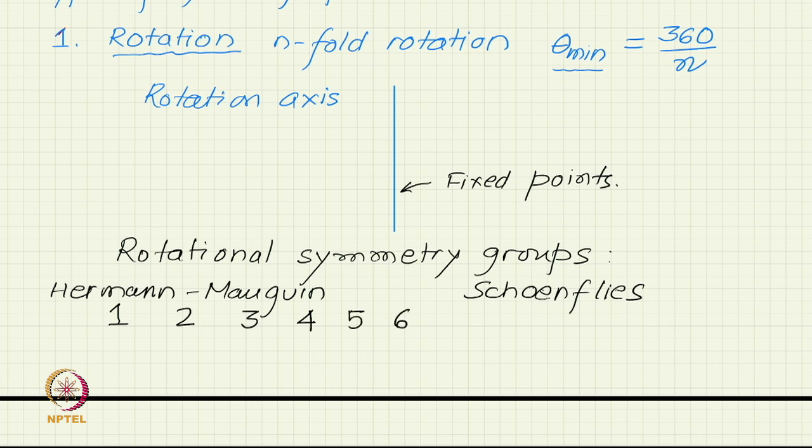The n-fold is used as the representation of the group itself. So, n-fold rotation is actually a symmetry group; a fourfold rotation is a symmetry group, and that symmetry group itself is represented by the letter 4. So, 4 takes a different meaning in this notation. It is not just the number 4, but it is the name for the symmetry group of the fourfold rotation axis.